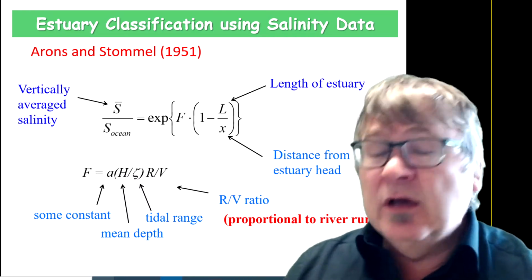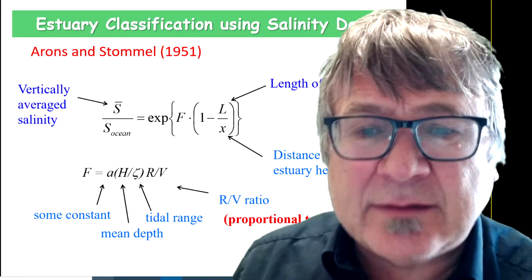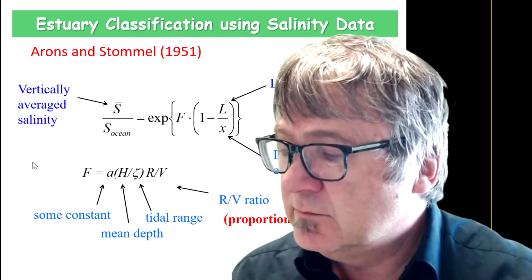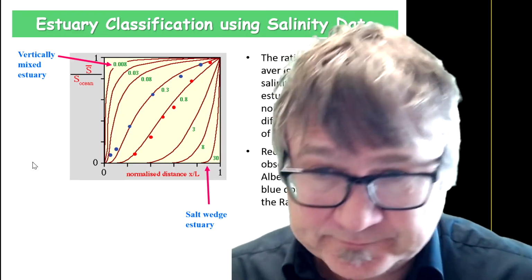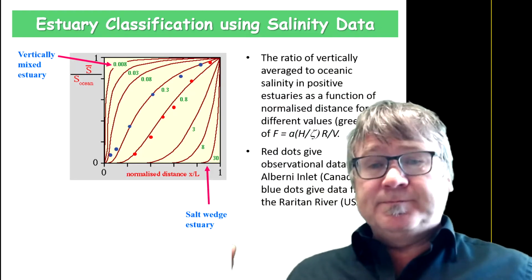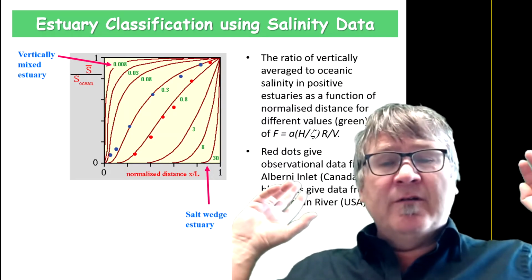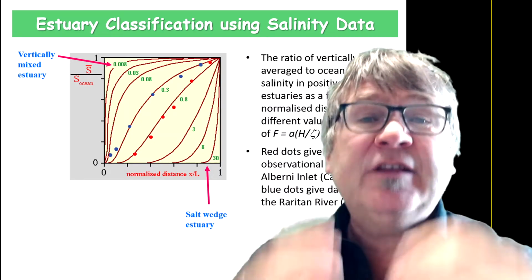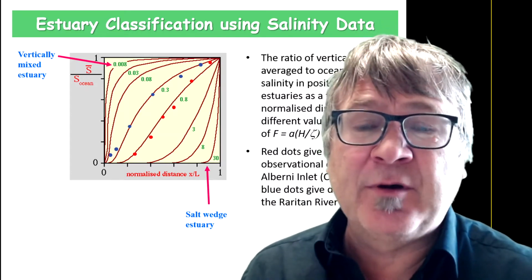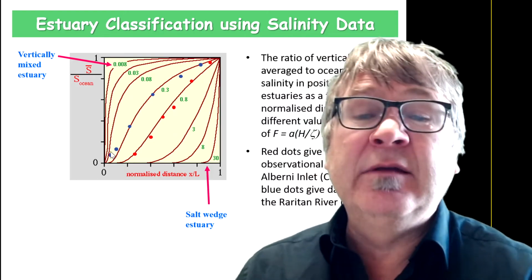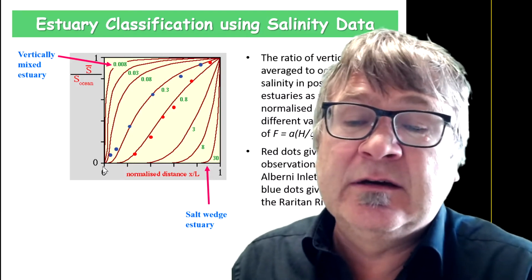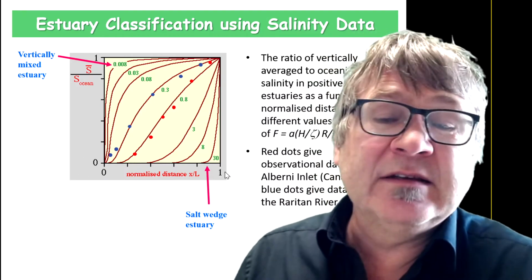So, so much talk, but now I show you the evidence of what this equation does. You can produce curves. This is a diagram that shows a number of curves, and each curve is for a different value of this parameter F. On one side you have the estuary head, 0, and 1 is the estuary mouth.